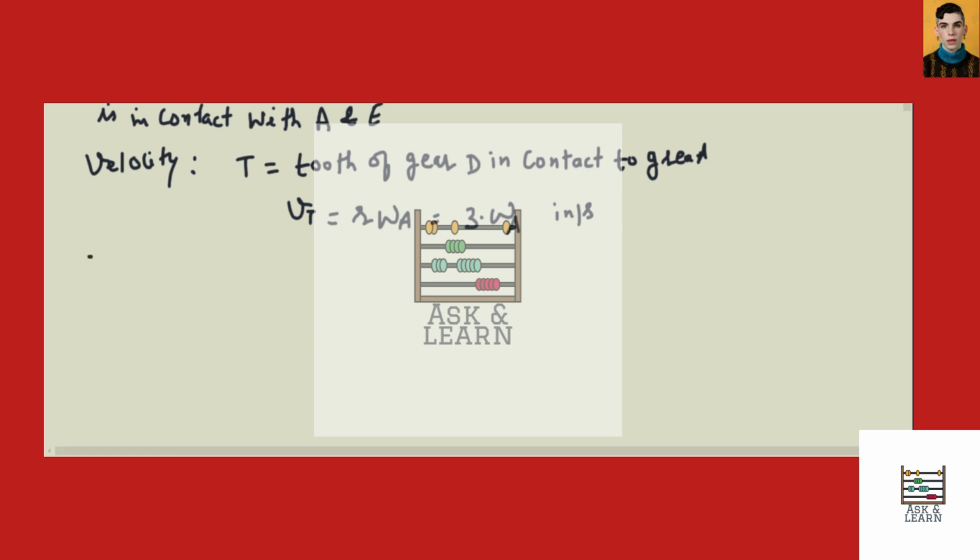Since velocity of gear E is given 0, E is the instantaneous center of gear D.